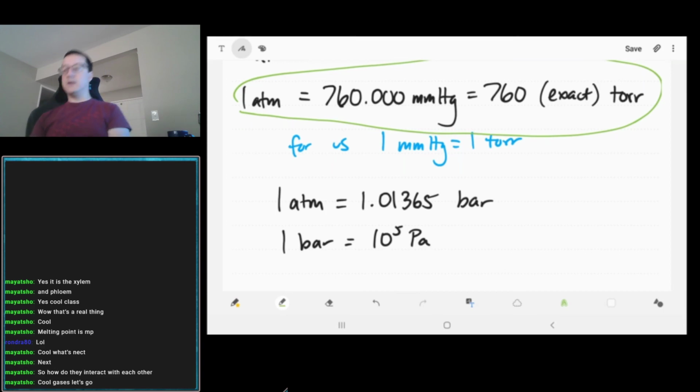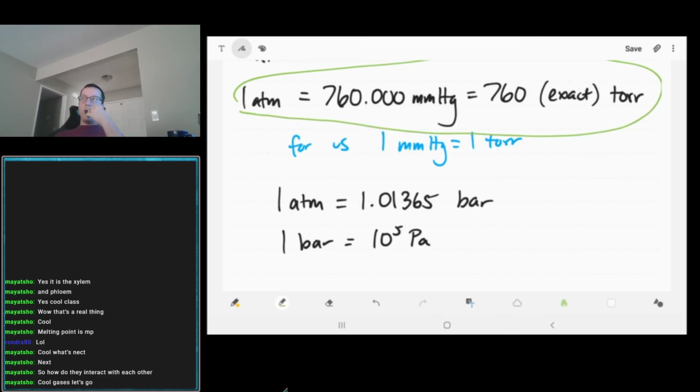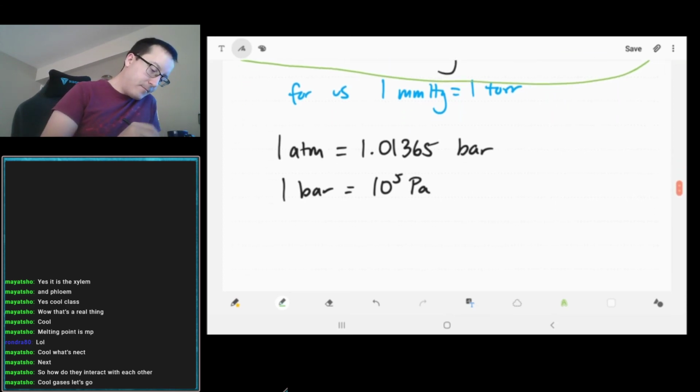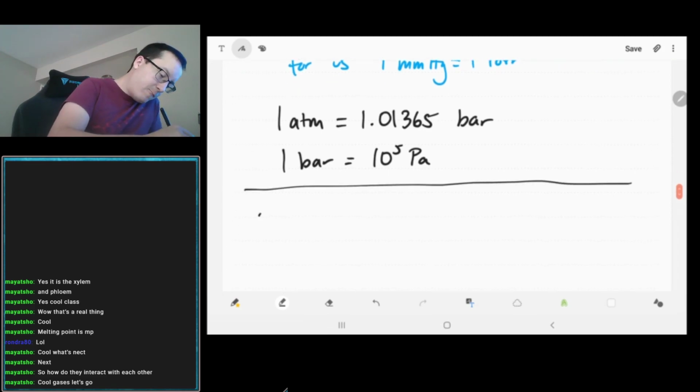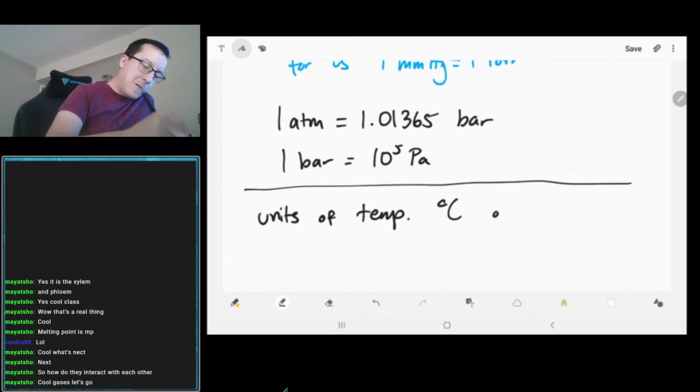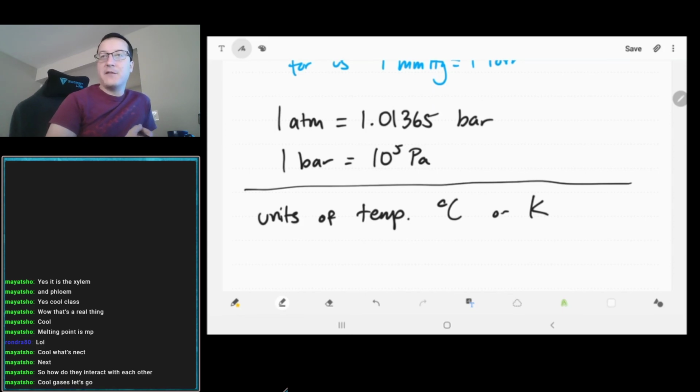Alrighty, let's just cover the units of our other quantities, and then we'll start relating them to each other. So for temperature, we kind of have two choices. We could either use degrees Celsius or Kelvin.